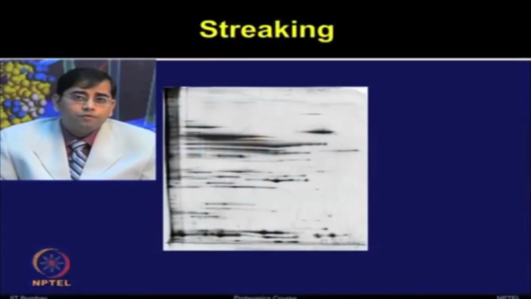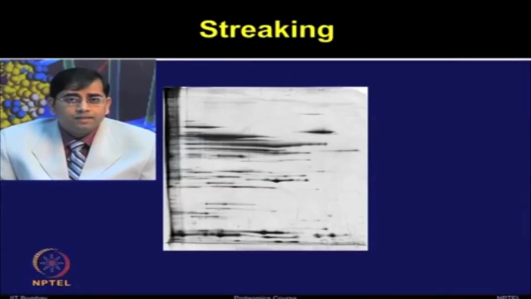Streaking is very often seen because of different types of problems, whether coming from the sample preparation or from different types of interfering components. Often nucleic acid or carbohydrates are still present in the mixture. The extraction method was not sufficient to eliminate all of those impurities.